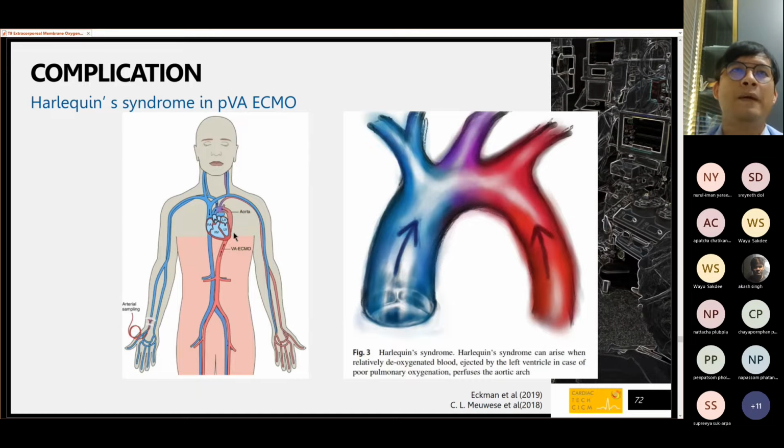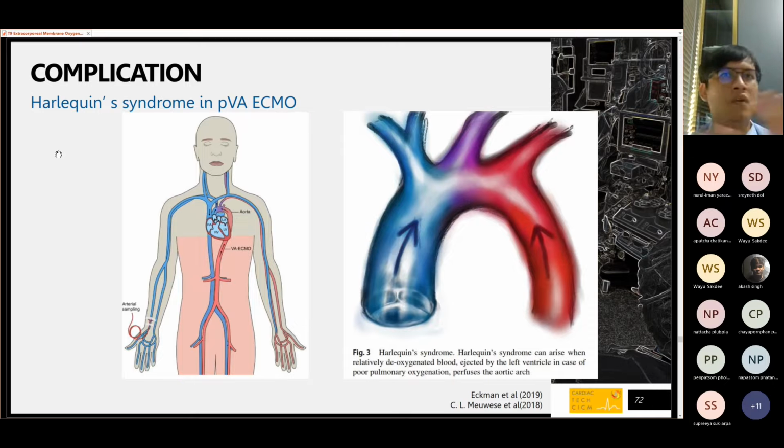So we tried to support him using a conventional ventilator. Unfortunately, after that, we found that he had brain swelling and then brain death. So, sorry for that guy.